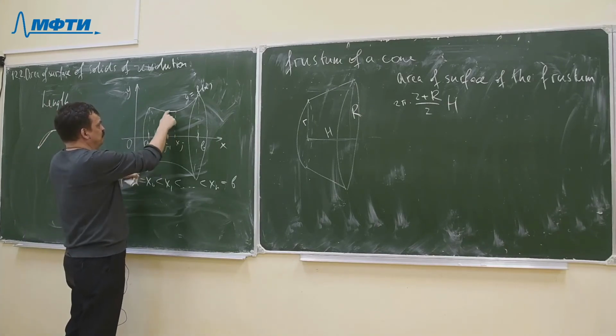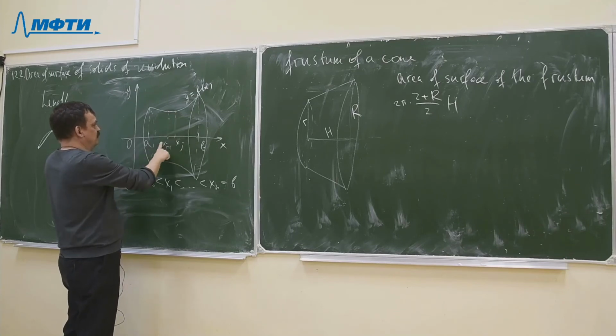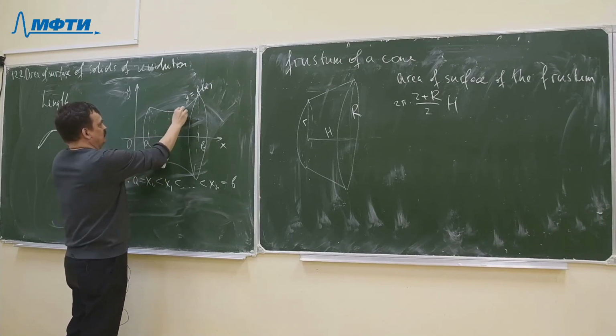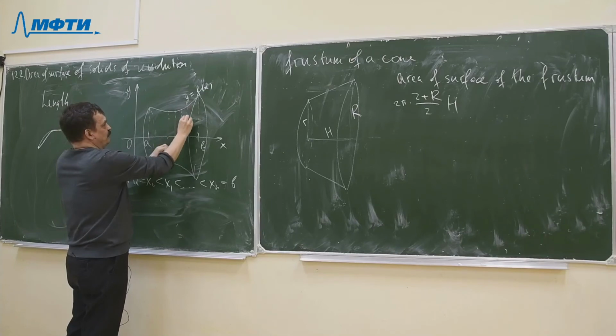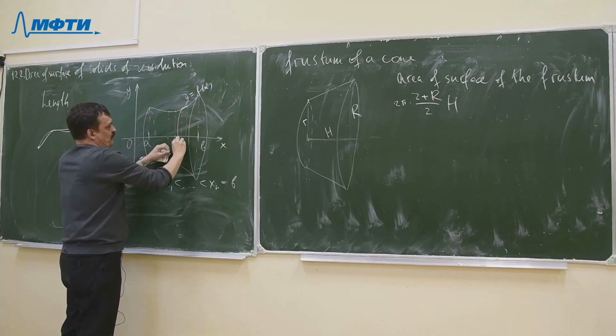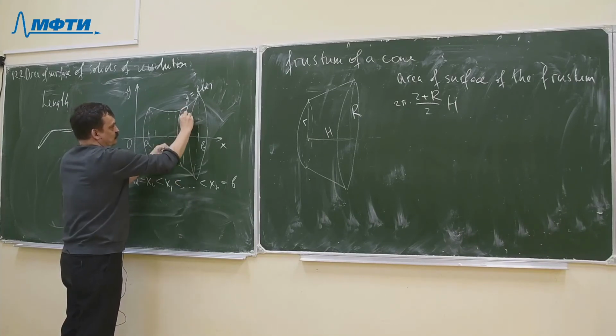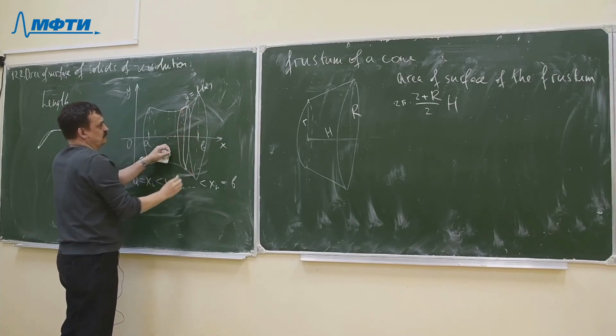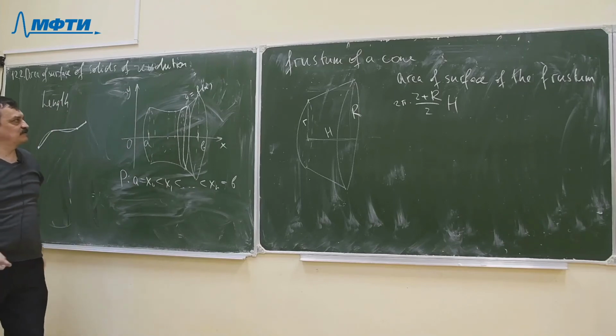Okay, it's better. I made a bad choice, sorry. Better to do it somewhere here, to have a frustum. So, we have a frustum of a cone here, right?